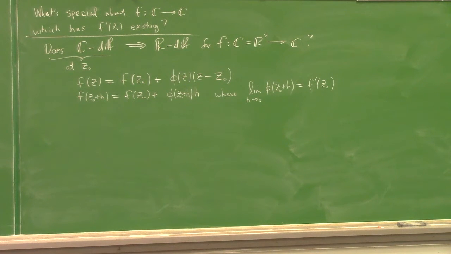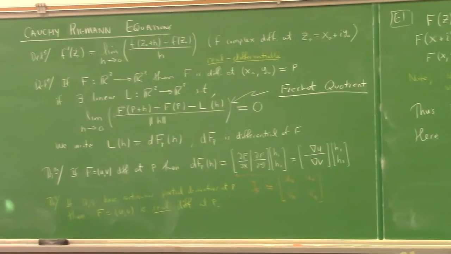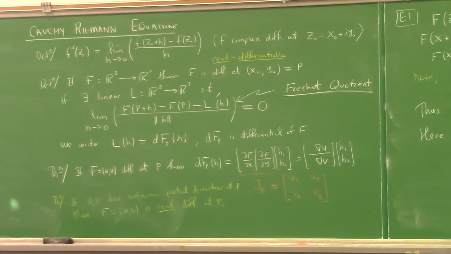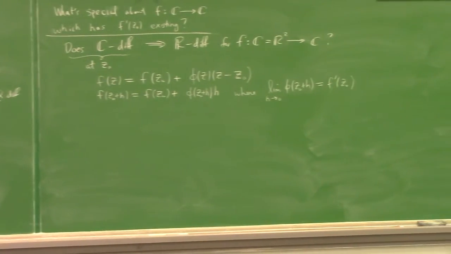So to judge real differentiability of a function, what we have to do, at least directly speaking, is to study the limit of the Fréchet quotient, right? And if that limit exists and is 0, then hooray! That means the mapping is, in fact, real differentiable.